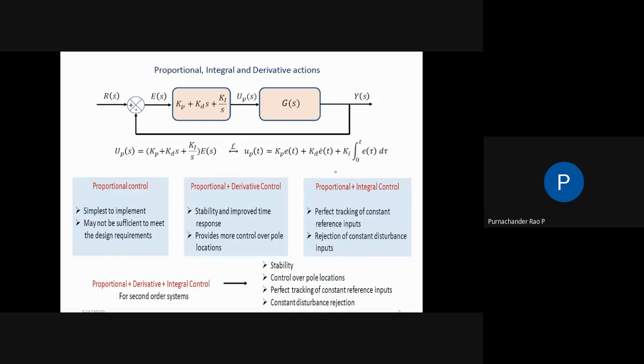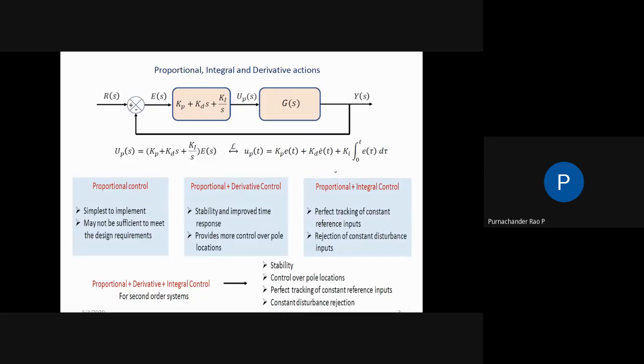Okay, and we have also seen the proportional plus derivative plus integral controller, which improves stability and pole placement control, tracking of constant reference inputs and constant disturbance rejection. So all these are the advantages of the controllers.